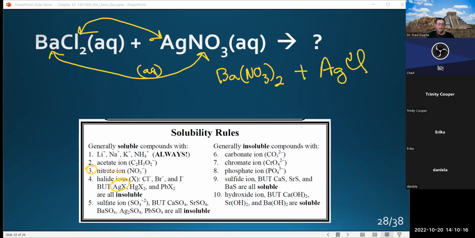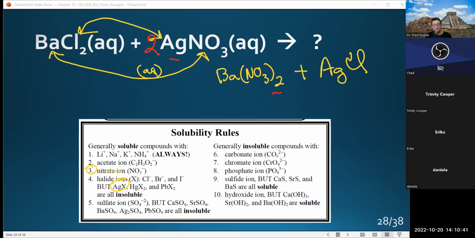Now we're going to balance them out. Again, my suggestion is follow the polyatomic ions if you have them. Let me change the color here. We got 2 nitrates as reactants. So if we put a 2 in front of silver nitrate, that will balance out my nitrates, right? But that kicks up my silver to 2.